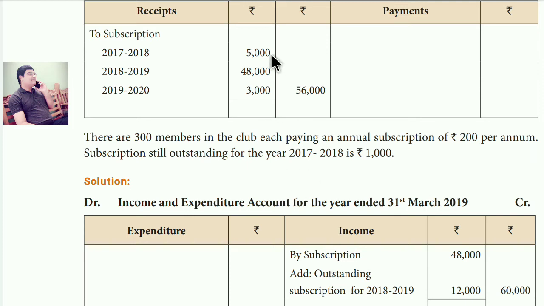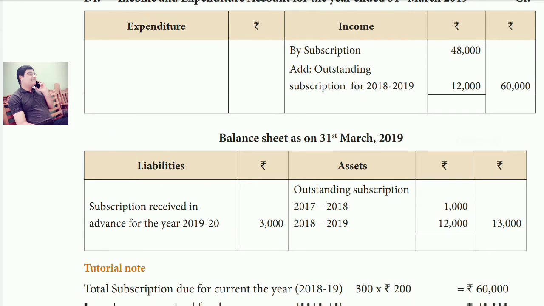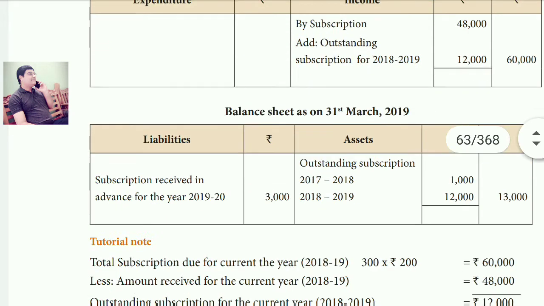Then this 5,000 rupees we have no need to write, because in the adjustment it is already given as 1,000 rupees for 17-18. And this 3,000 we have to write on the liability side as an advance in the balance sheet.